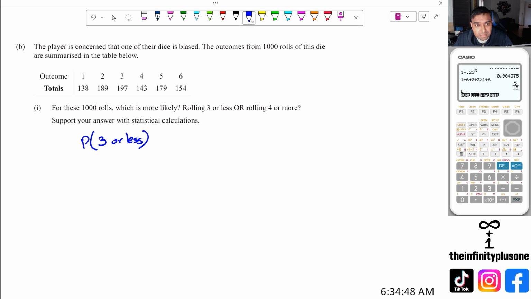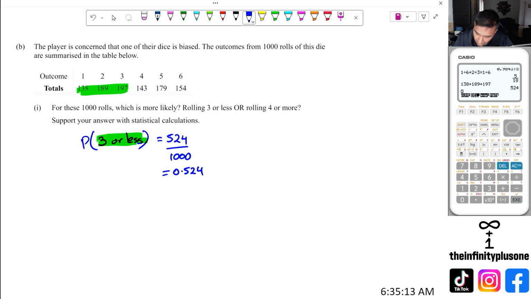Probability of 3 or less, we're looking at these 3 numbers here. And so what we're going to get is 138 plus 189 plus 197, and that's equal to 524 out of 1000, which is 0.524. Then I've got to look at probability of 4 or more.